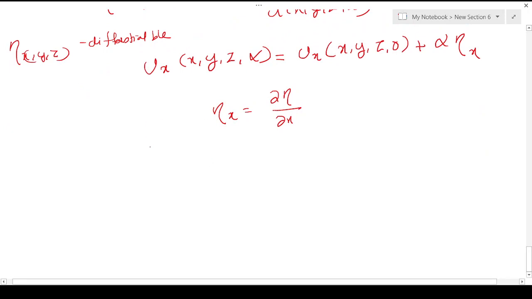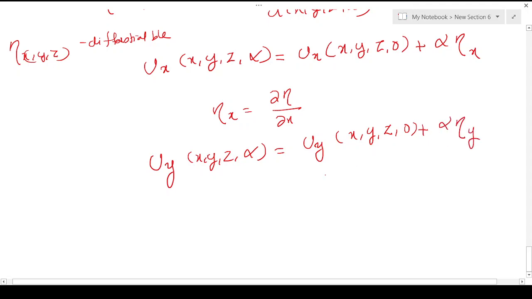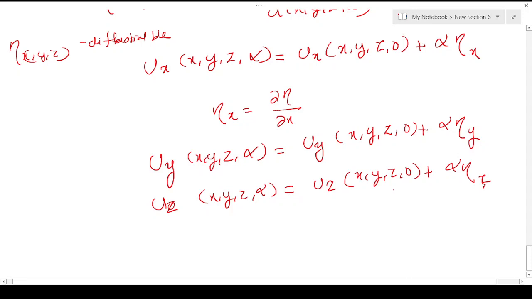Similarly, you can also have u_y of xyz, differentiating with respect to y: u_y(x, y, z, alpha) is u_y(x, y, z, 0) plus alpha eta_y. And similarly u_z(x, y, z, alpha) equals u_z(x, y, z, 0) plus alpha eta_z. You will have different values corresponding to each.